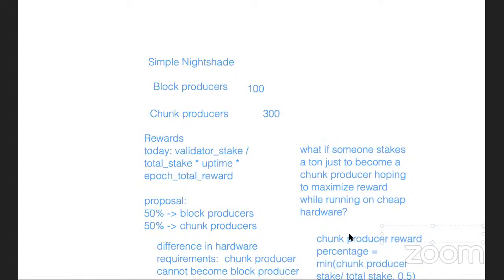In this case we have more than 50% of block producers, so we don't need to incentivize more block producers. And chunk producers are incentivized because they don't need as many hardware resources, so it's more efficient to be a chunk producer. So all incentives are proper. Yeah, that sounds like a good idea.